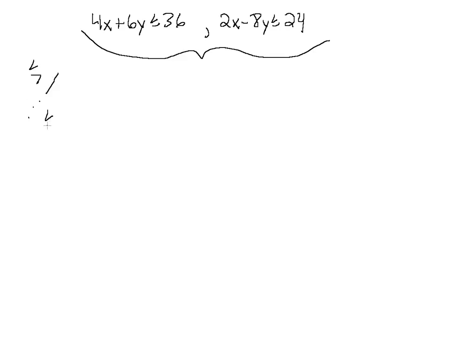And we saw that when we have a less than or equal to or a greater than or equal to, we just drew a solid line indicating that we included all the points on that line. We also saw that when we have a greater than or equal to sign, we shaded above the line. When we had a less than or equal to sign, we shaded below the line. So these are things that we learned when we were looking at linear inequalities and graphing them in two variables.